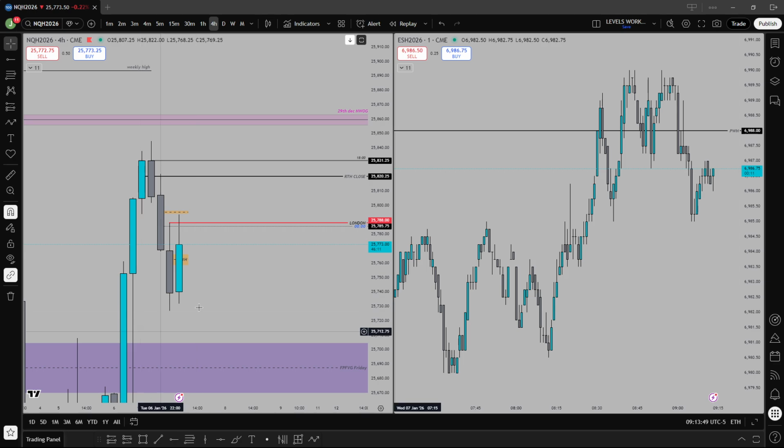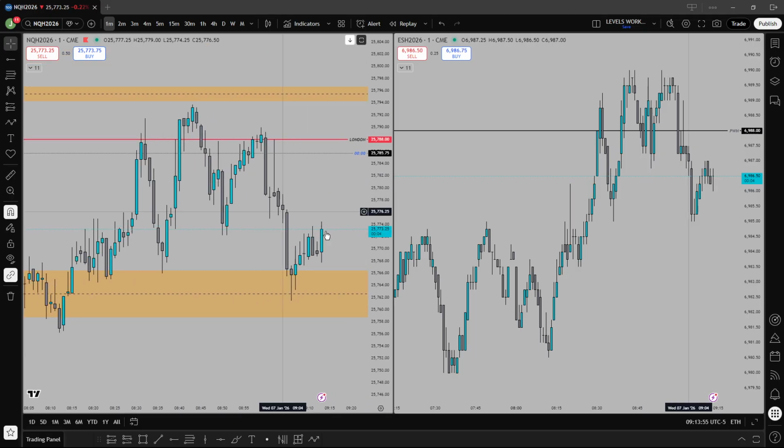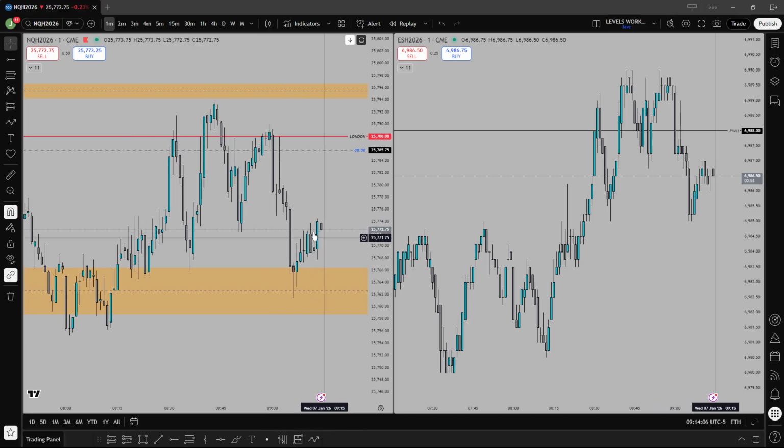If it doesn't do that, then I'm not trading today. Close the inefficiency, although this is the actual closing point if it wants to close it. But I want to see it turn over.